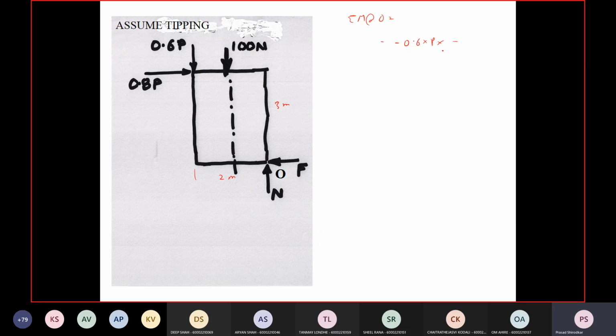Minus, into 2 minus 100. So this is symmetrical. So this is 1 meter. This is 1 meter. So minus 100 into 1 plus 0.8 P into 3 is equal to 0. So find out how much this value comes out.